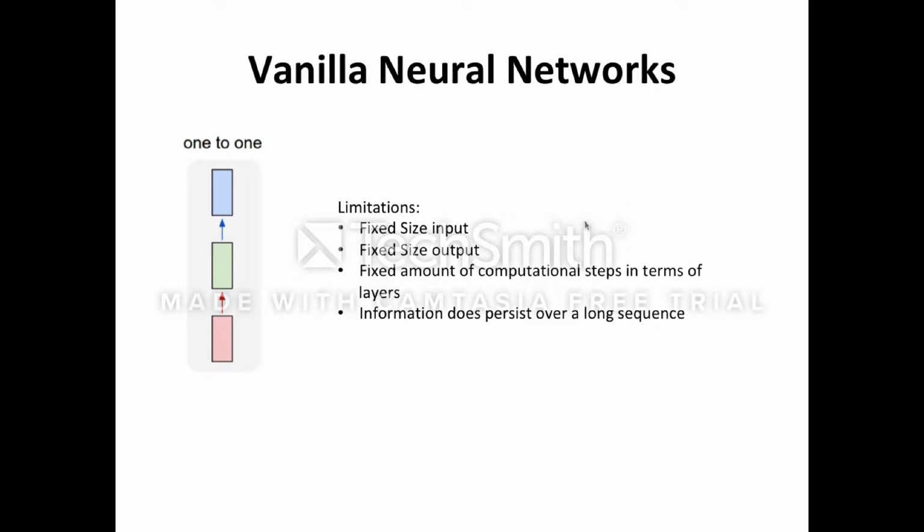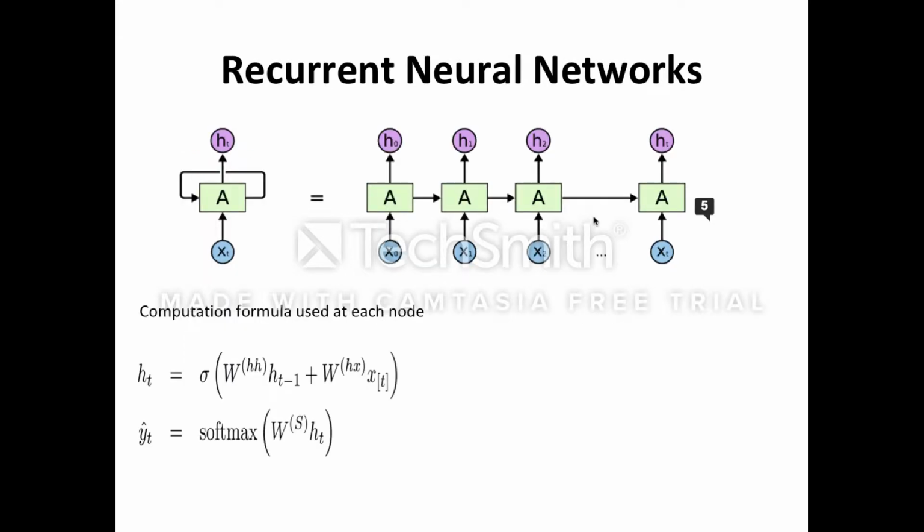One of the core reasons why we go for a recurrent neural network is that it operates over a sequence of vectors, sequences in the input, sequences in the output. In the diagram shown, let us consider A to be the neural network structure, which takes in some input x of t and produces an output h of t. We use a loop to make sure that the information is passed from one step of the network to the next.